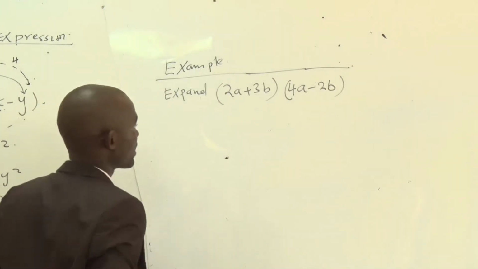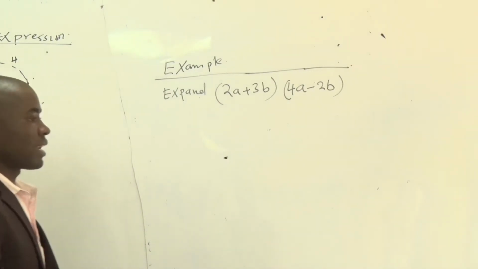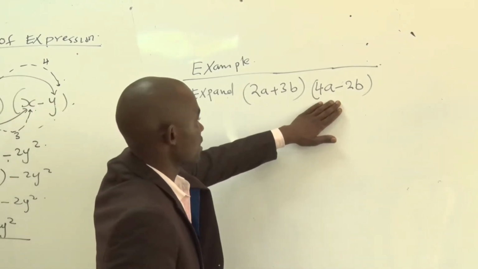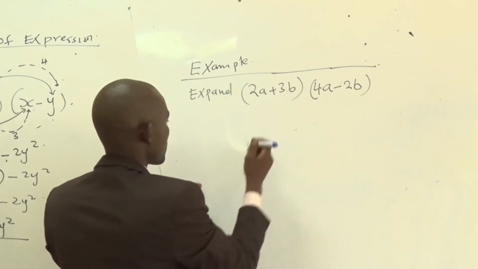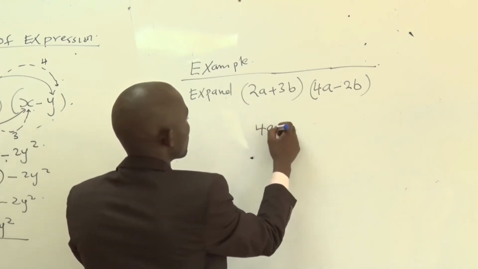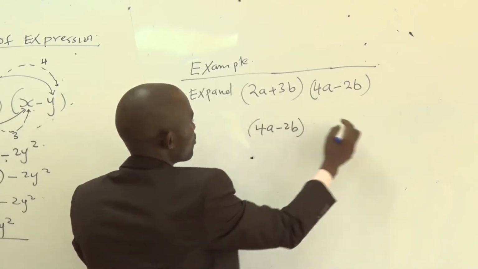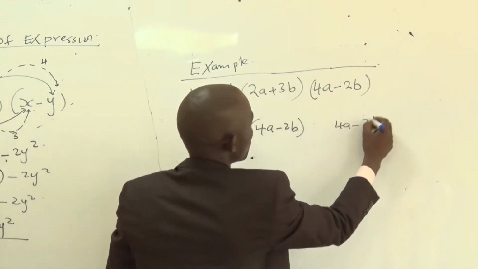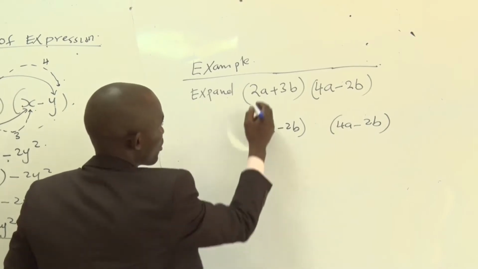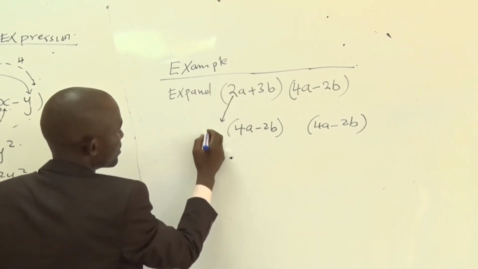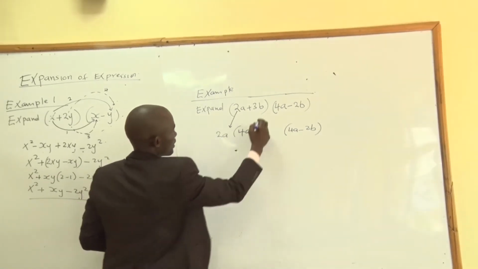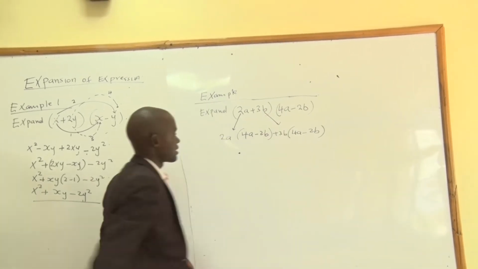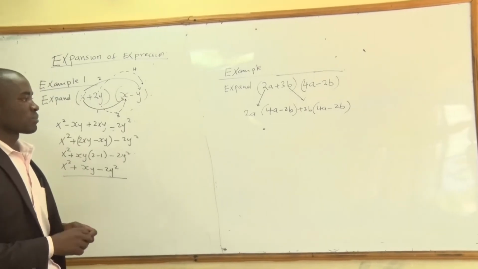Another very good method is, you can write this expression 2 times, leaving a space in between: 4a minus 2b, 4a minus 2b. Then the first part can be brought here, which is 2a. Then this other one can be pulled here, plus 3b. That is another, second method of expanding.